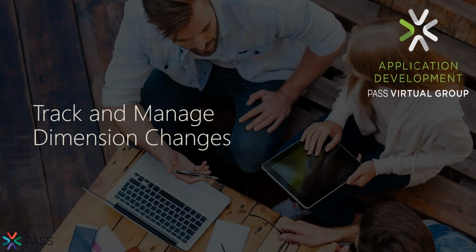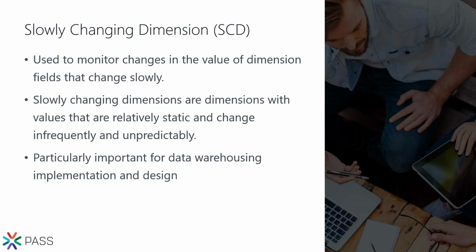So let me talk a little bit about the dimension aspects of the particular dimension tables. One of the most important aspects of a data warehouse project is how you track or manage dimension data change. One of the fundamental philosophies in data warehouse solutions is to use a terminology called slowly changing dimension.